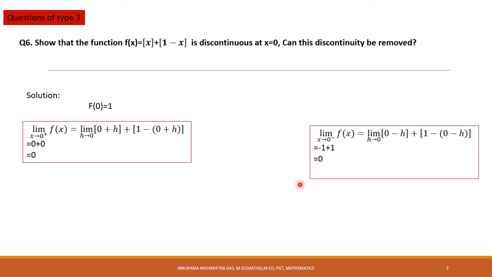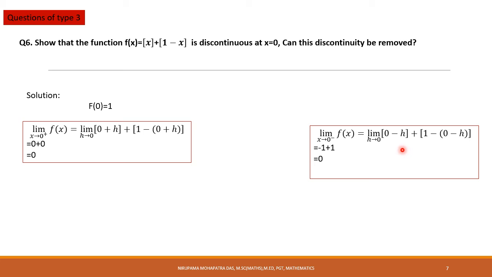Whenever you take LHL, that is limit h approaches 0, you can write here it is 0 minus h plus bracket of 1 minus of 0 minus h. So in the first case, 0 minus h, the bracket value is again less than 0.